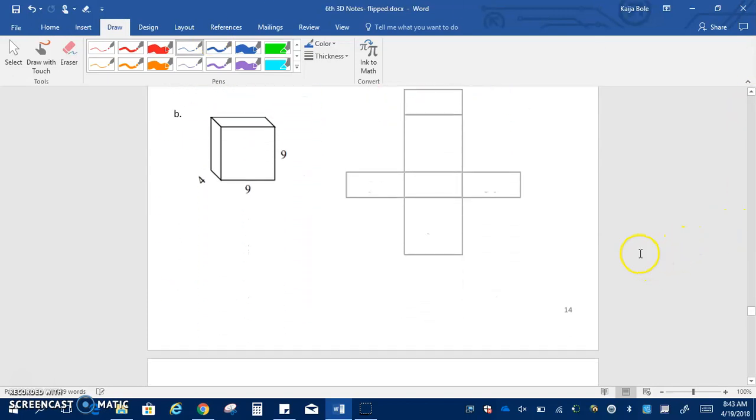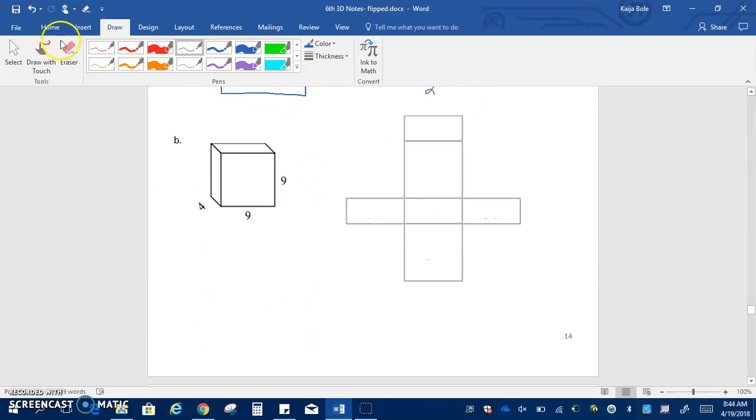Take a look at number 2 here. Same idea. First we need to put our number labels on. So our width is 4, so all of our short sides here are going to be 4. So I'm going to label those.